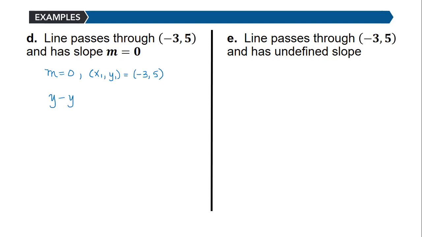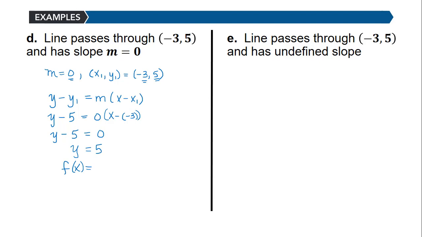So y minus y sub 1 equals m times x minus x sub 1, gives us y minus 5 is equal to the slope 0 times x minus -3. But note that on the right-hand side, 0 times anything is just 0. This equation simplifies to be y minus 5 equals 0, or y is equal to 5. So in function notation, f of x is equal to 5.